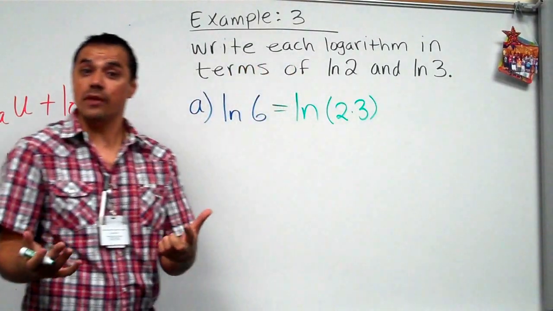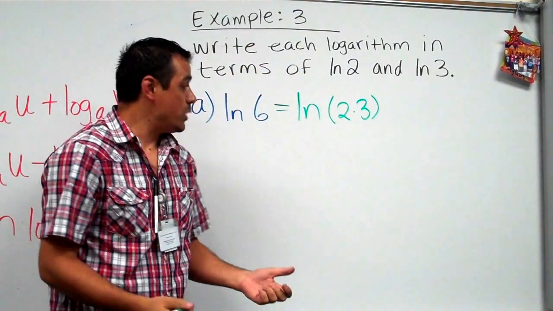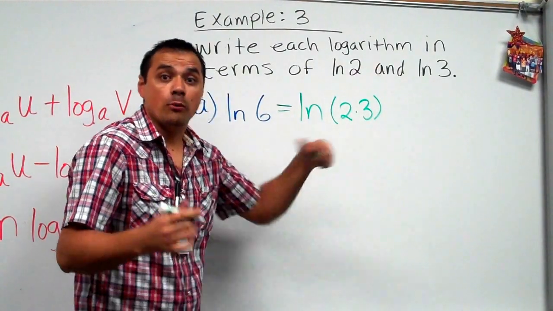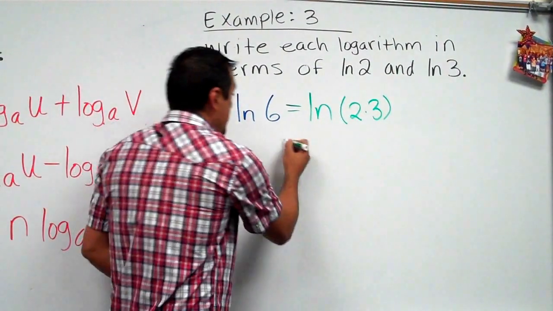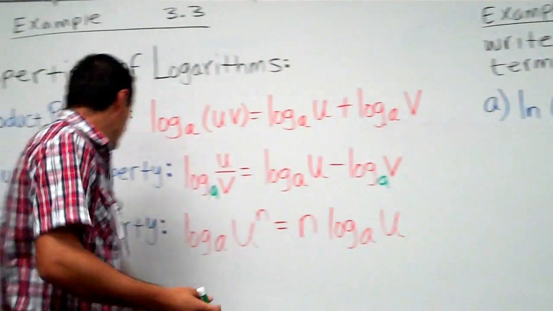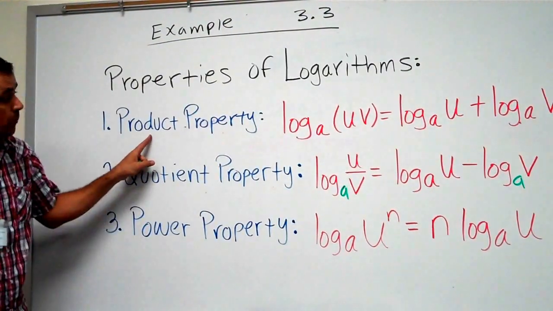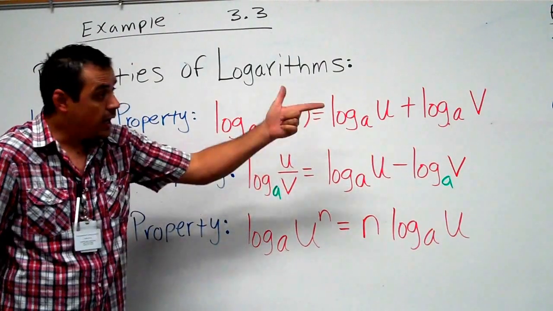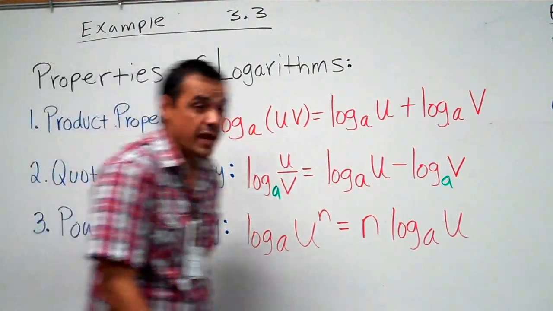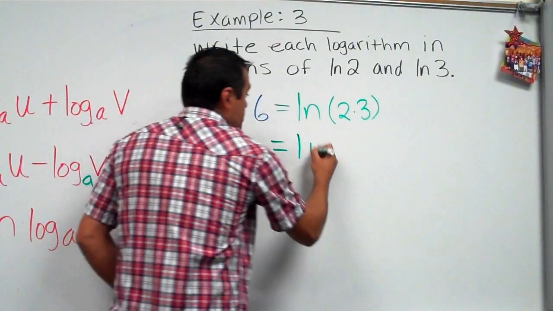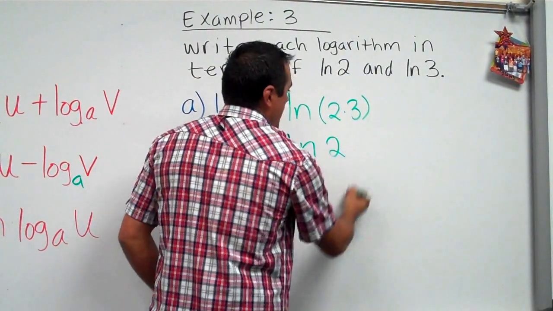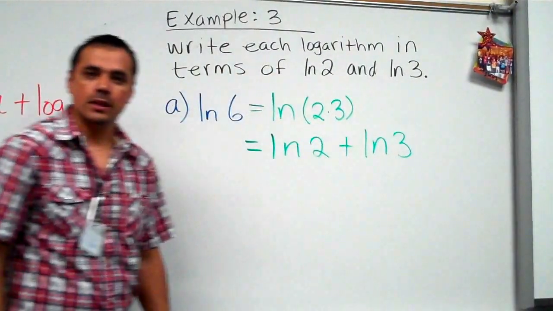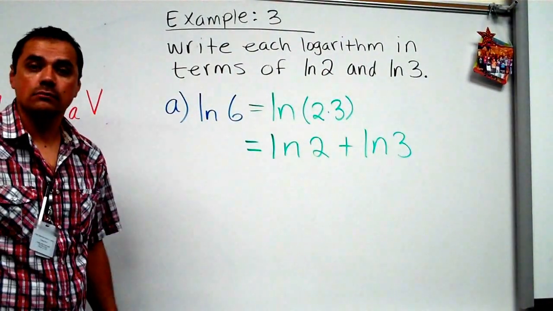You would agree with me on that, right? 2 times 3 is 6. Okay, but now notice, I'm multiplying two terms. So I'm going to use the product property over here to rewrite it in this manner. So we're going to get natural log of 2 plus the natural log of 3. And you're done. That is it.